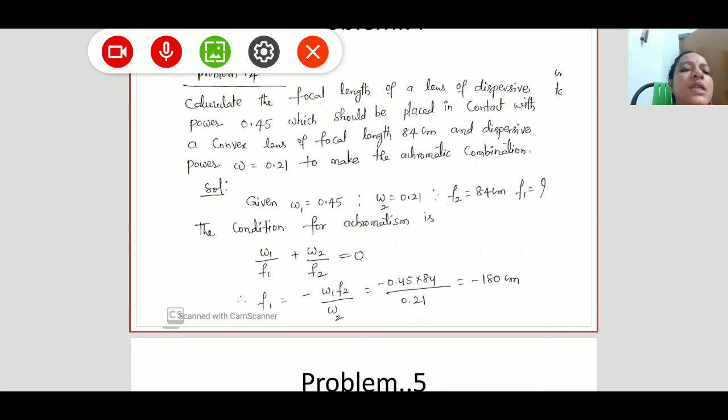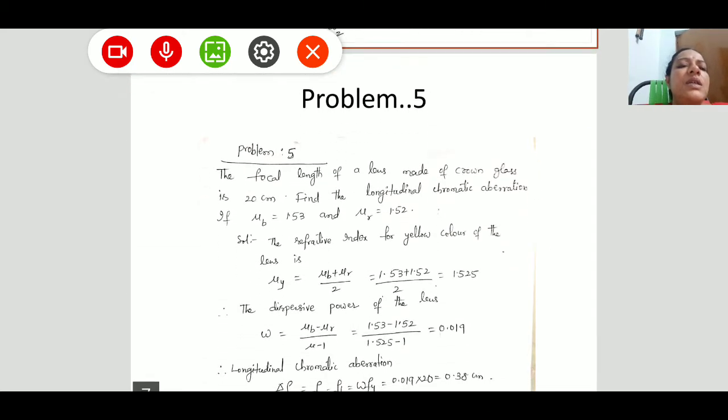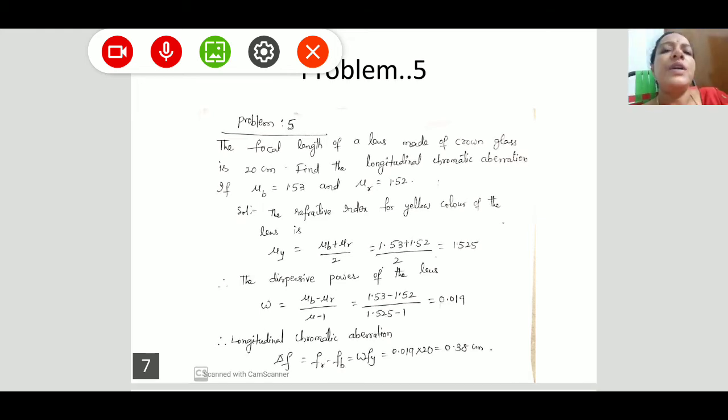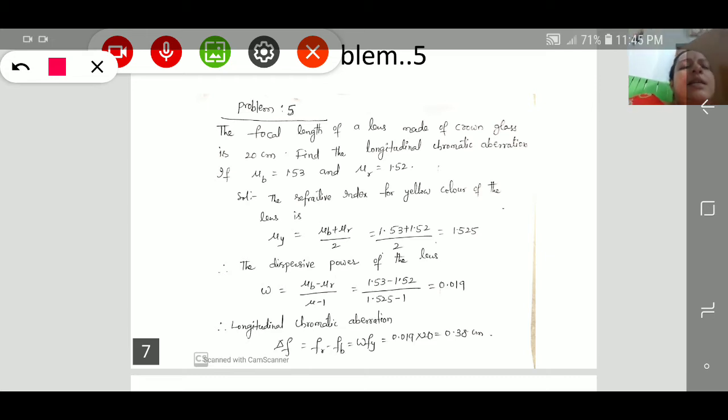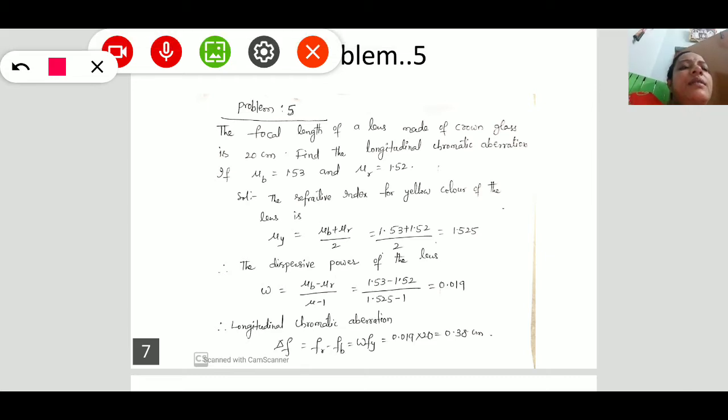Next, let us see another type of problem, problem 5. The focal length of a lens made up of ground glass is 20 centimeters. Find the longitudinal chromatic aberration if the refractive index of blue color is 1.53 and refractive index of red color is 1.52.